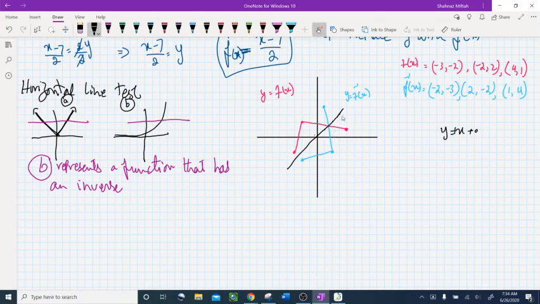But if the question is asking how you verify that these two graphs you just drew are inverses of each other, the easy way is to just draw y equals x, which is always the line going through the origin. And then you see that's a reflection. If it's a reflection, you're good. It means we did the correct inverse.